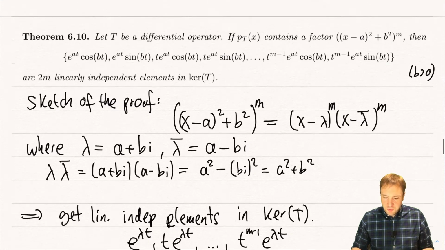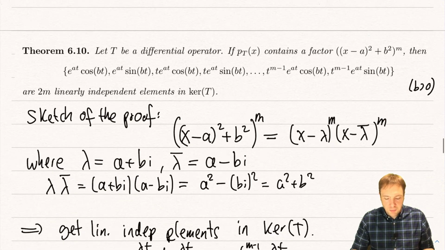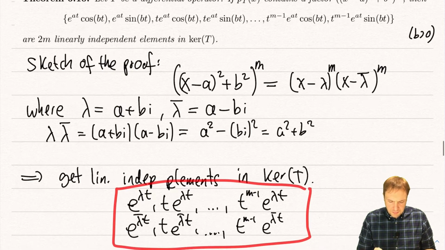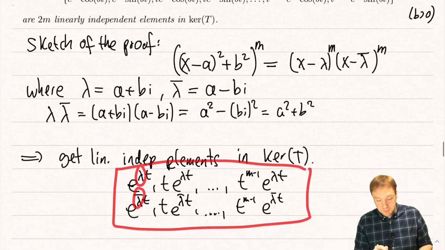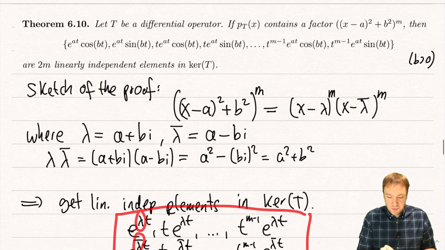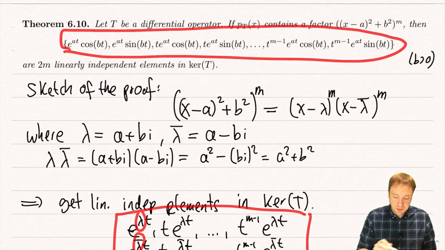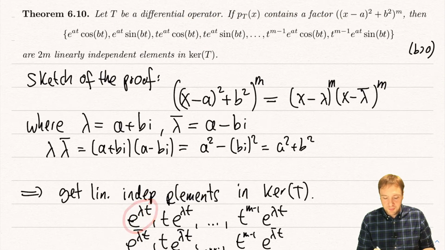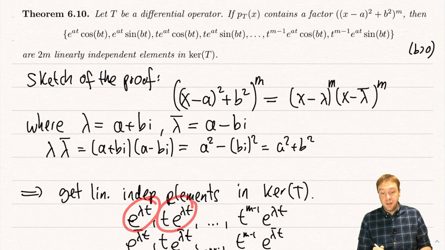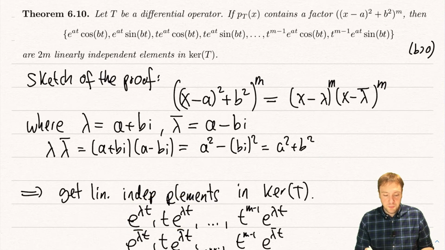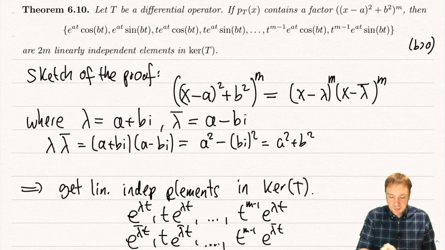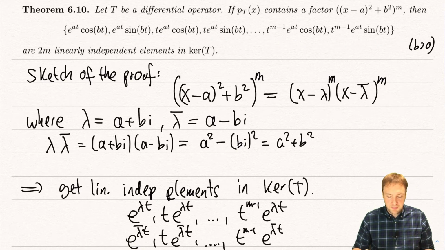But how do we go now to these sine and cosine? I mean, now we have these exponential functions as before, but now these lambdas are complex numbers, and what we actually want to get are real functions. So if I plug in a real number here for t, and lambda is complex, then this will also give a complex number. So these functions are actually not in the space of smooth functions from the real numbers to the real numbers, but we can combine them such that we get these cosines and sines.